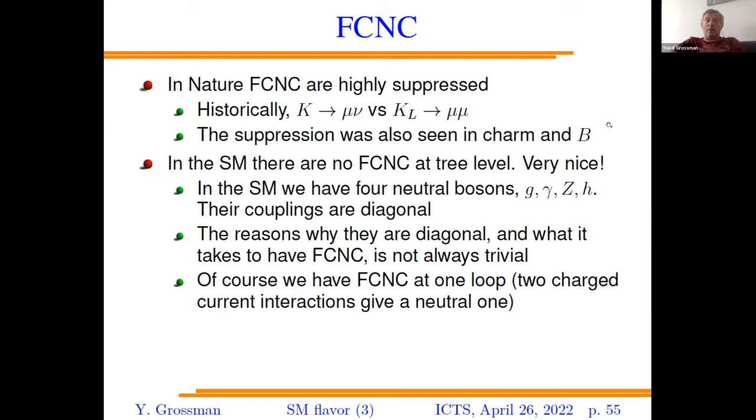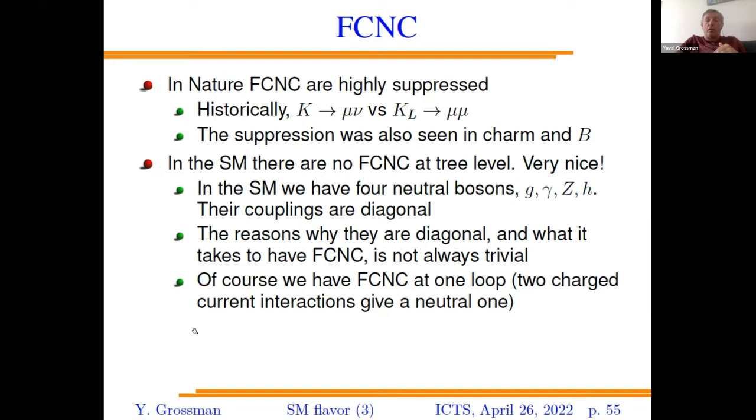The biggest one is B to S gamma, which is of order 10 to the minus 4. And there are many, many others. And just in the previous hours, some of them had been discussed, okay? So the statement that in nature, flavor changing neutral currents are highly suppressed is data. This statement is based on the data, okay?